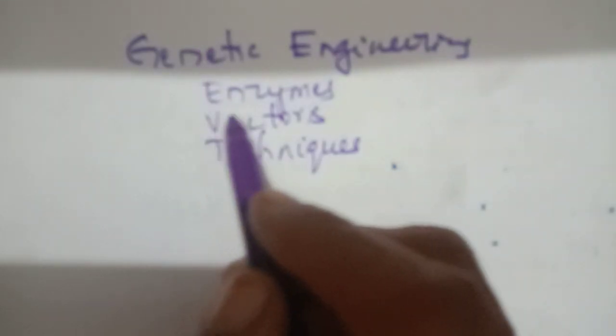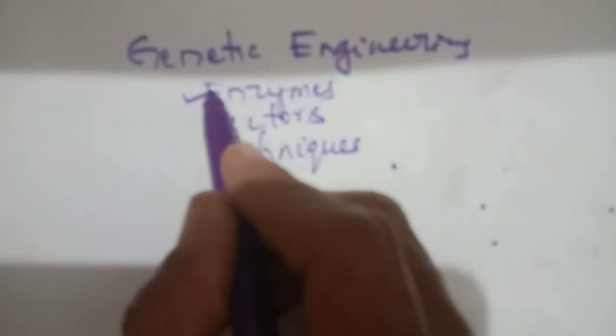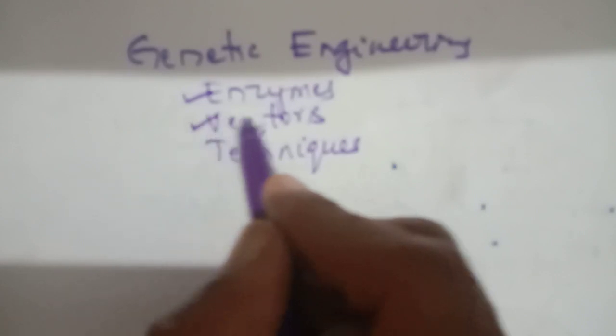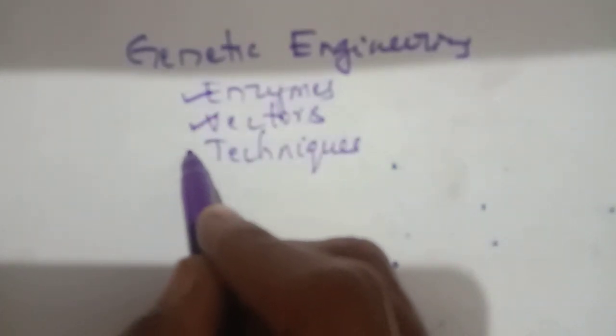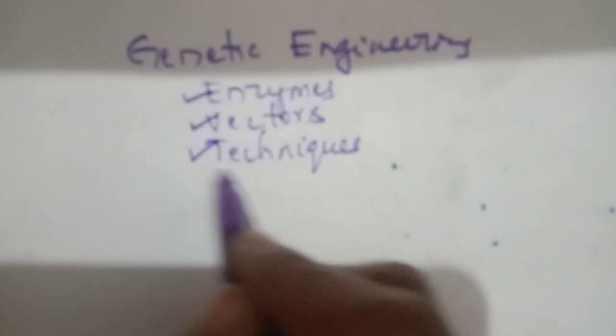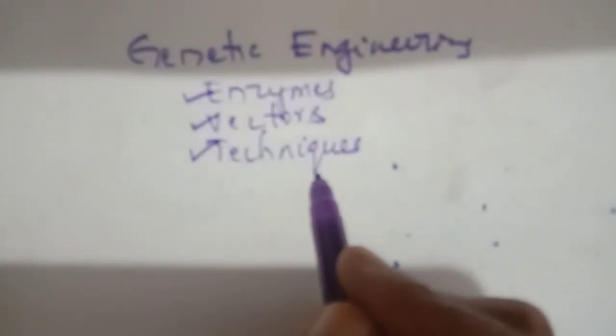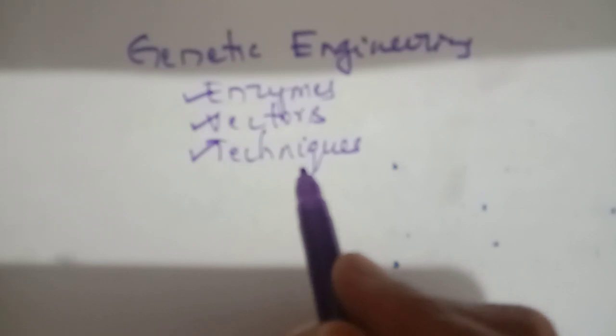So this paper has been divided into three components: the enzymes used in genetic engineering, the vectors used in genetic engineering, and the third important part of this syllabus, the techniques that are employed for genetic engineering.